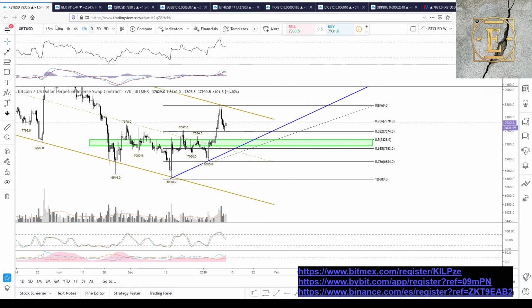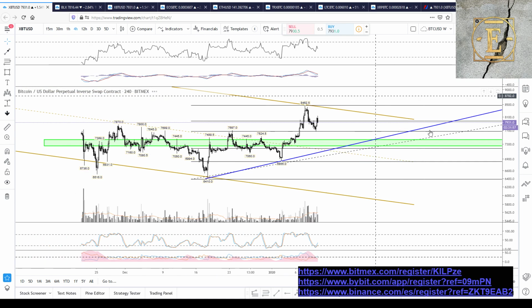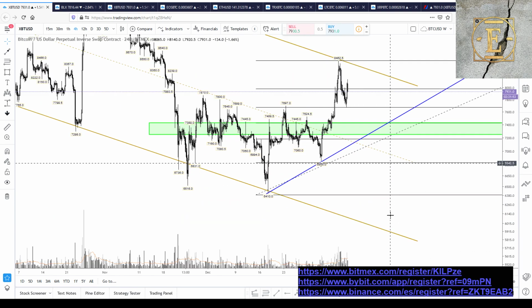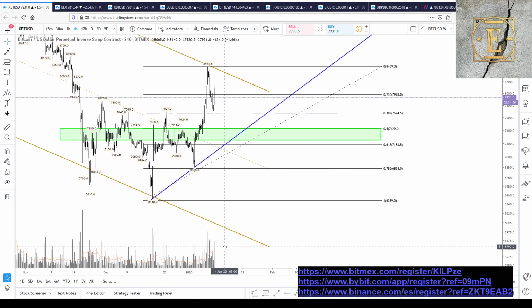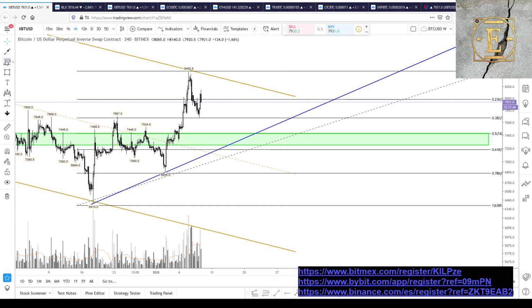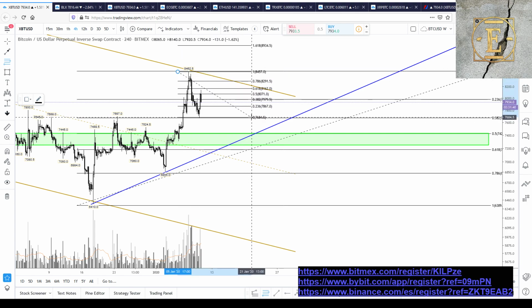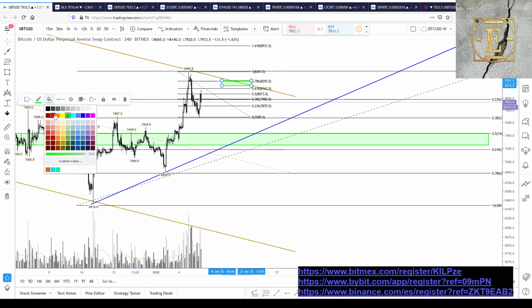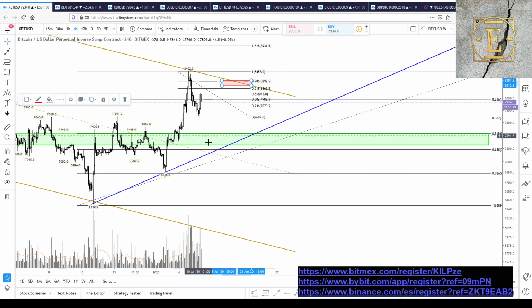Okay, let's continue to the 4 hours. And we are not adding anything. We've got now this retracement tool here. 0.5, it's okay, but it's probable that price is going to go to that level, to the 8,200, as we said. Why?